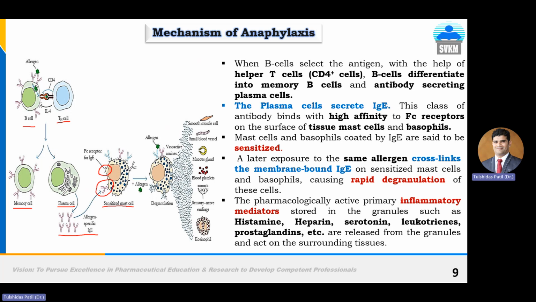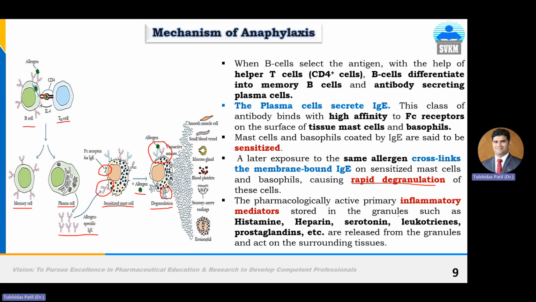or that allergen is exposed to that particular individual, the allergen leads to cross-linking of the IgE antibodies, and this leads to rapid degranulation of these mast cells, with a release of granules from them.